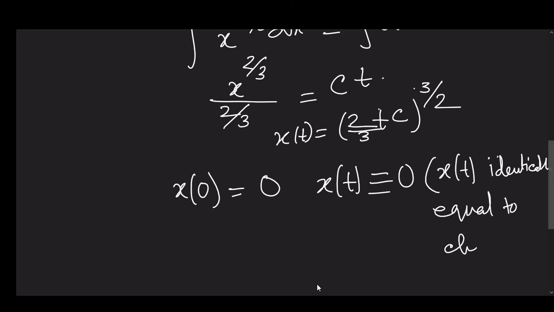Another choice, a common one, is to take c equal to 1, so then you will get 2t by 3 to the power 3 by 2. So obviously this one is giving you a completely different solution.